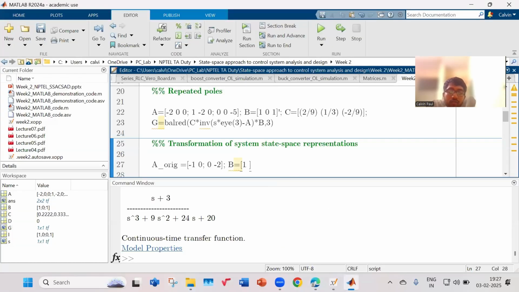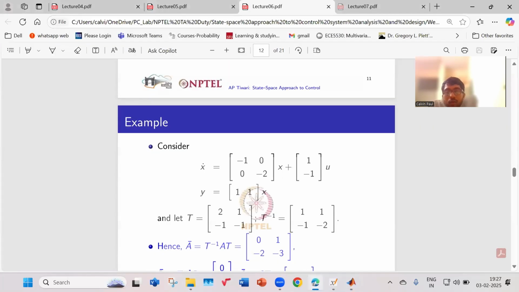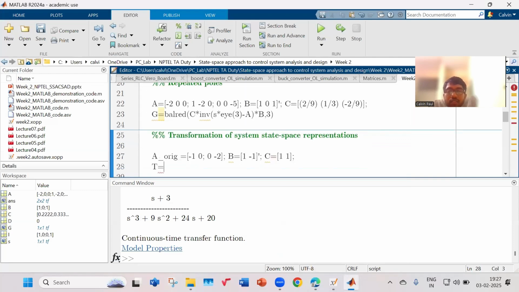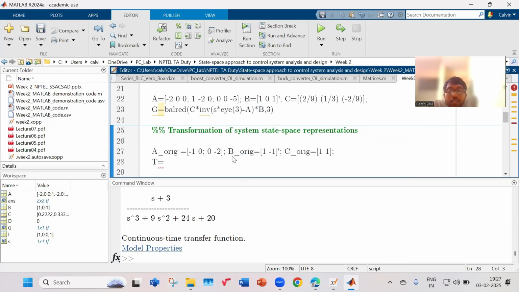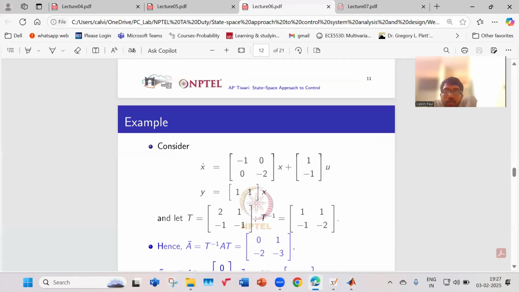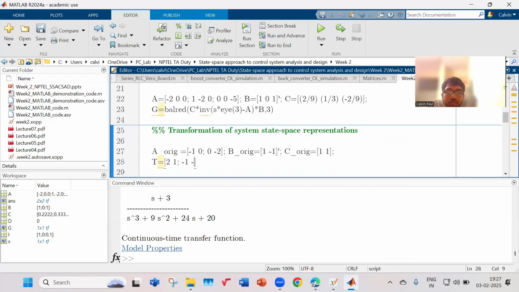And C is given as 1, 1. Okay, this is C original. Transformation matrix T is given by this matrix. They have given the matrix, that is 2, 1, and then -1, -1. So this is the transformation matrix.